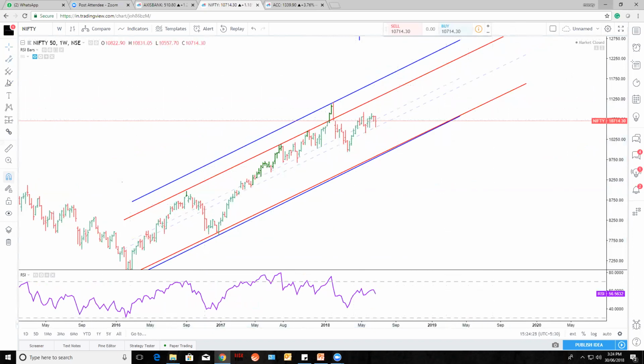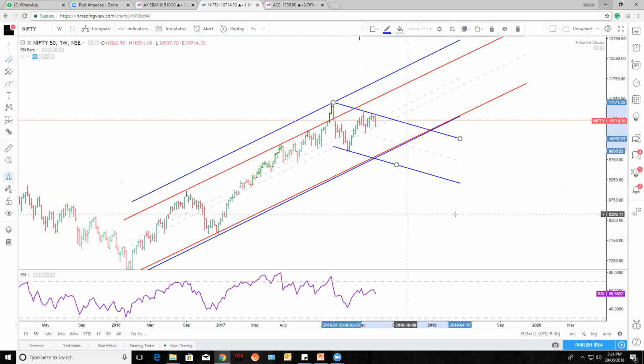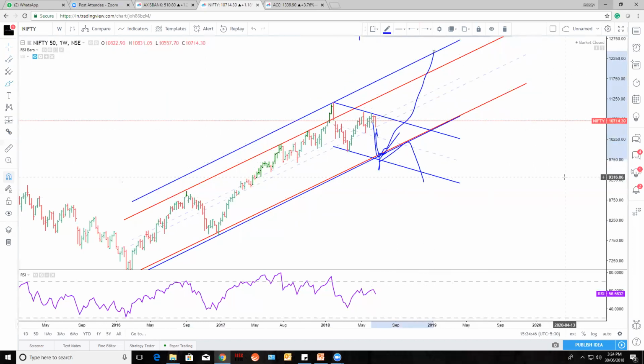This channel is also valid when the price crosses this level. It may come to this price. When it crosses, this channel will get valid. It may go further, or at least from this channel support, it may take a support from here and go further. There is a possibility.